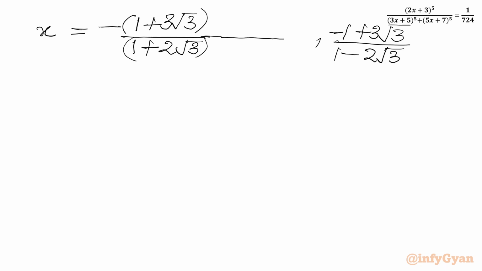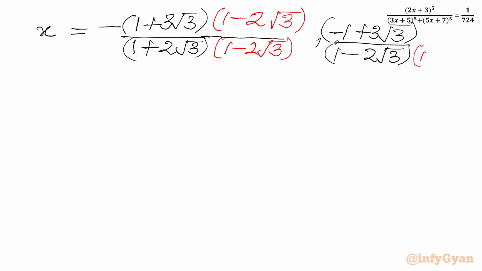Now we have to rationalize our denominators. So I will multiply numerator and denominator by the denominator's conjugate. For the first, I will write 1 minus 2 root 3 in multiplication. For the second, we will multiply the numerator and denominator by 1 plus 2 root 3.